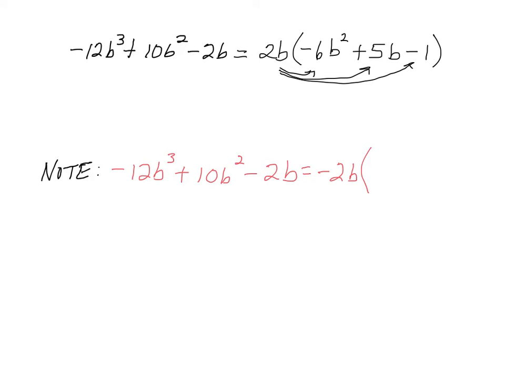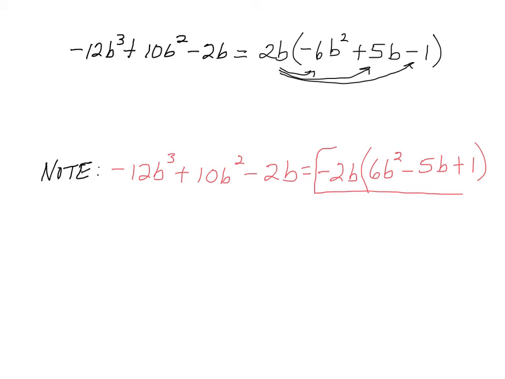Where it was -6b, we're going to have a +6b squared. Where it was a positive 5b, we're going to have a negative 5b. Where it was a negative 1, we're going to have a positive 1, all because we factored out a negative 2b.